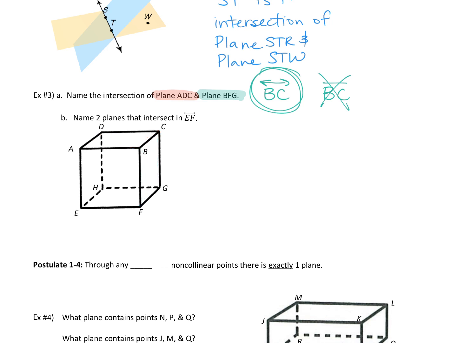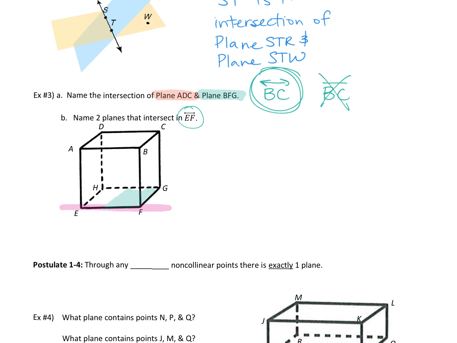The second part of it says name 2 planes that intersect in line EF. Okay, so line EF is right here. I'm looking for which 2 planes meet at that line. Can you see it? Think of it this way.